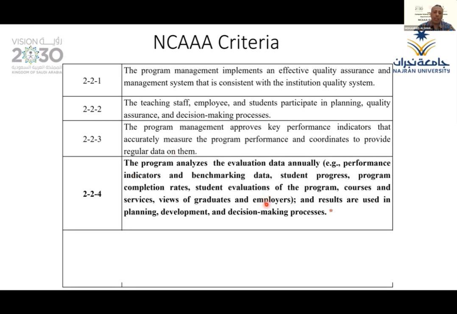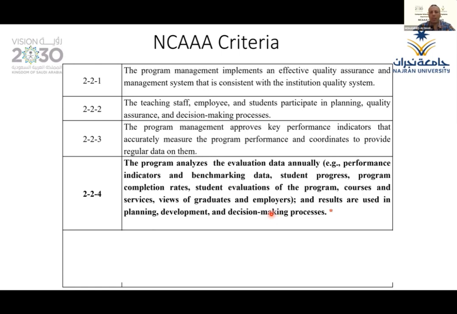Important criteria: the program analyzes the evaluation data annually, performance indicators and benchmark data, student progress, program completion rates, students' evaluation of the program, courses, and services, and reviews grades, and the results are used in planning, development, and decision making. We are using all these data from KPIs, as we said, from learning outcome assessment, from surveys, from reports, annual program reports.